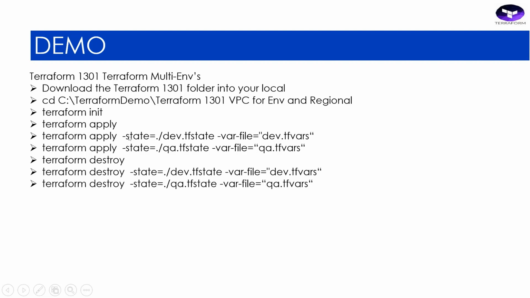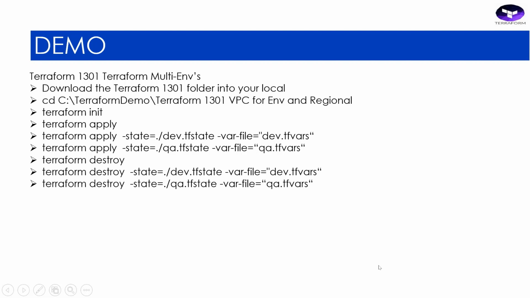However, now we are using an additional attribute, hyphen state, where we are defining dev.tfstate associated with the dev.tfvars file, which is considered the development environment. Similarly for QA. While destroying, we are just destroying the resources created by terraform apply, using terraform destroy, with the development var file and the respective QA one as well.